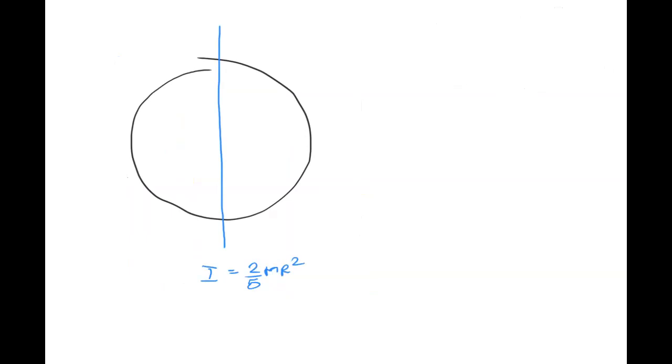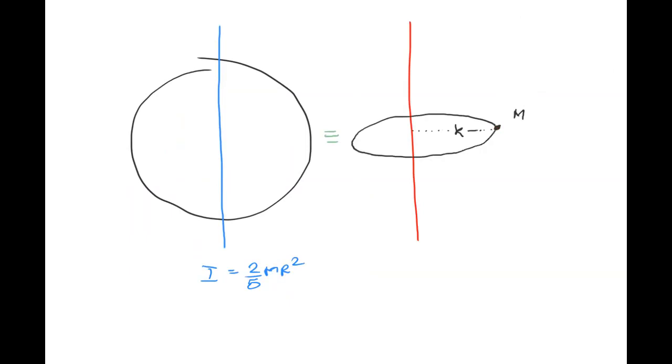I can ask now, if this sphere is equivalent to a point particle having the same mass and rotating about an axis, then what will be the radius of rotation of this point particle, so that the moment of inertia of both the objects is same?